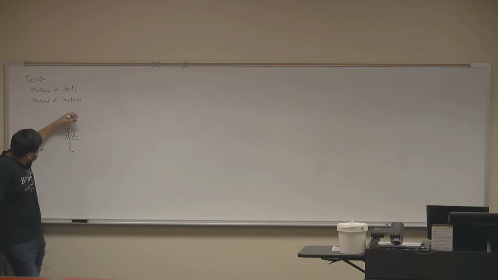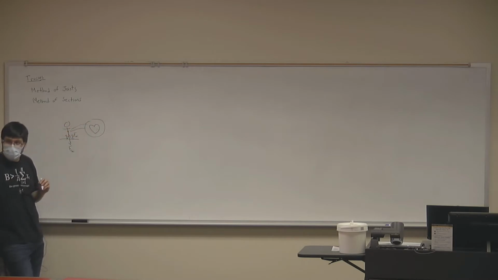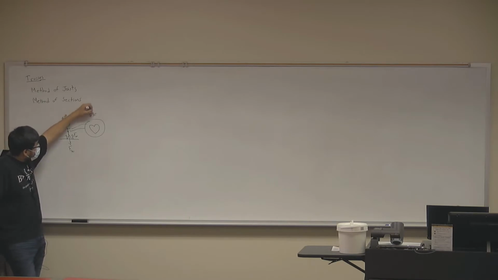But what about, let's say we zoom in. What about my heart? I know that's not what hearts look like, but what about my heart? If I'm static, and I look at my heart as a static system, then in order for the sum of forces equals 0 to apply to me, it also has to apply to my heart.